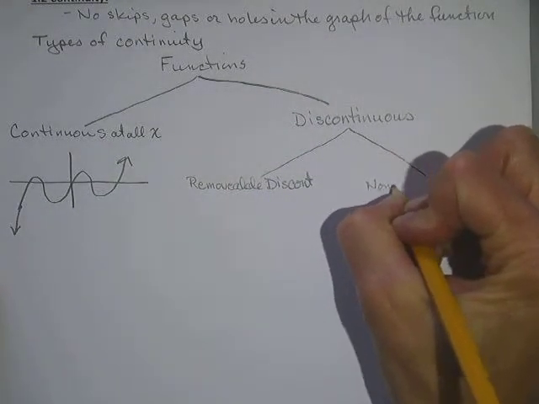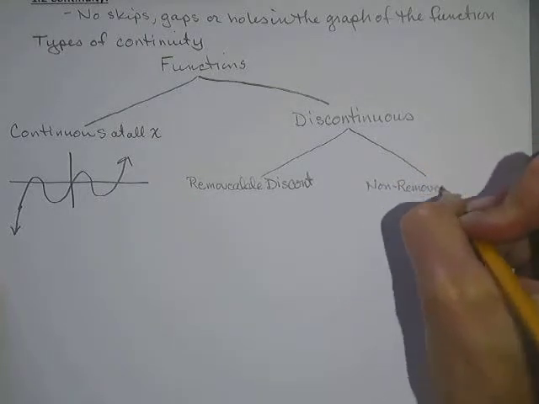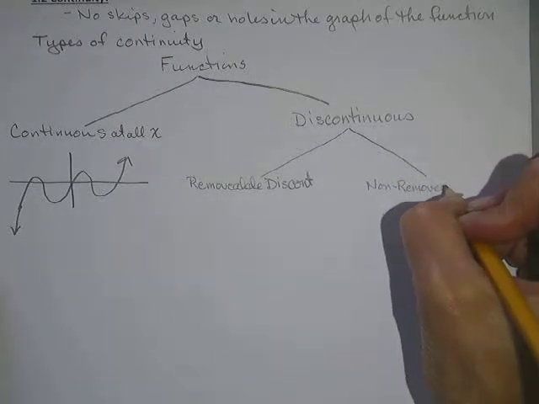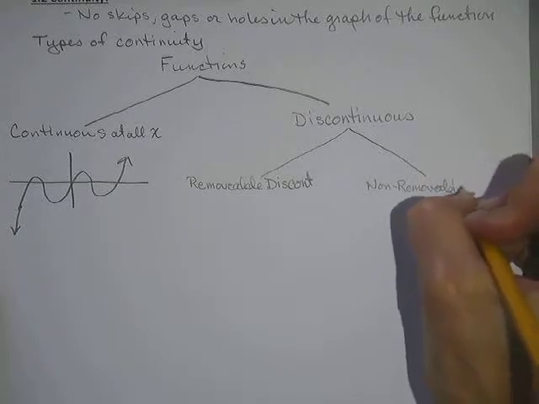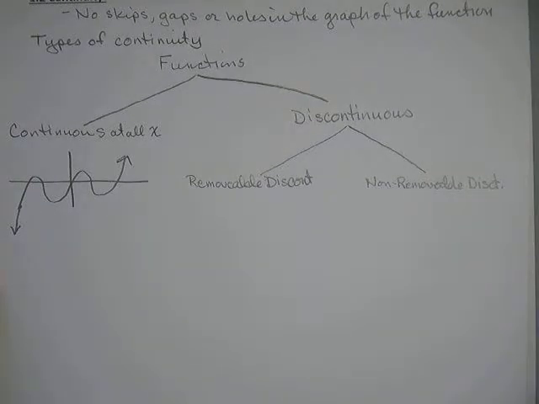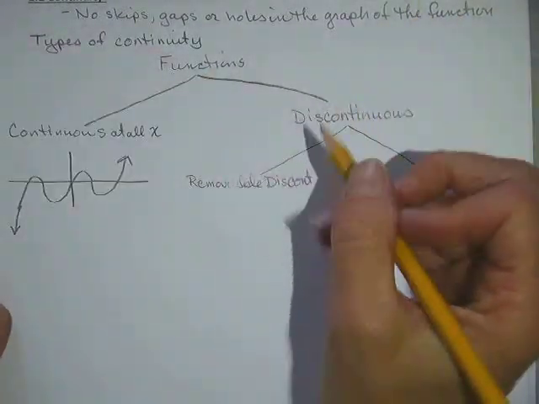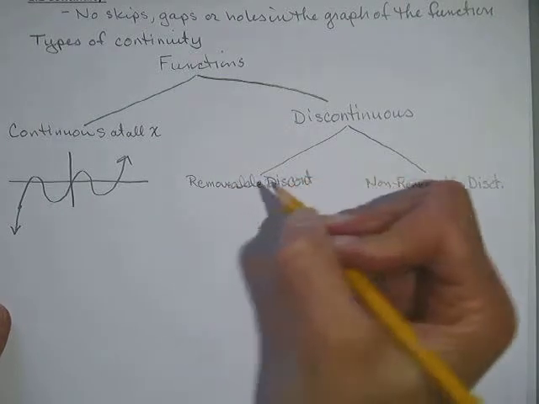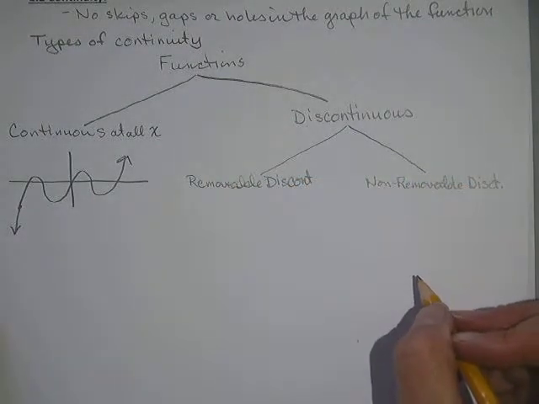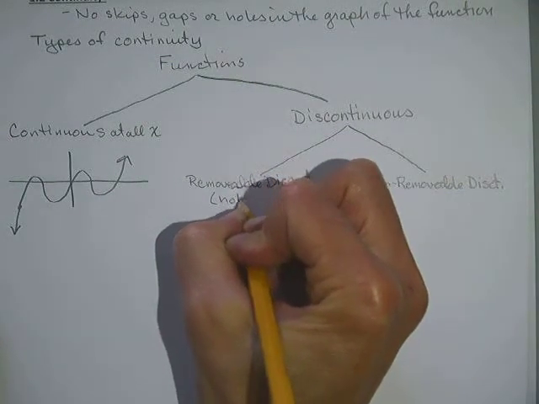And, oh, lucky us, non-removable discontinuity. Okay, I'm just abbreviating. And I spelled removable wrong. There's no EA.